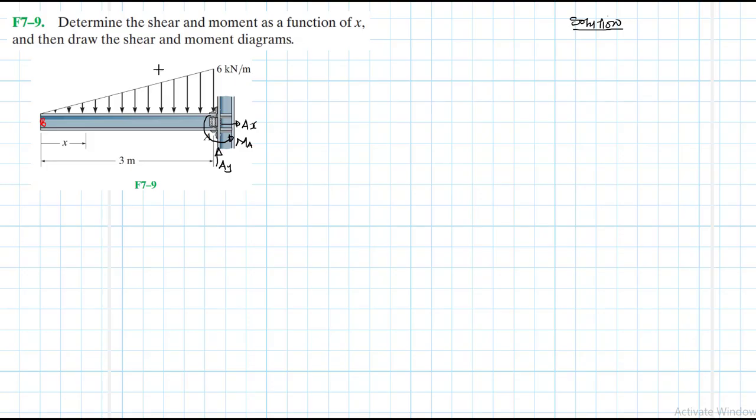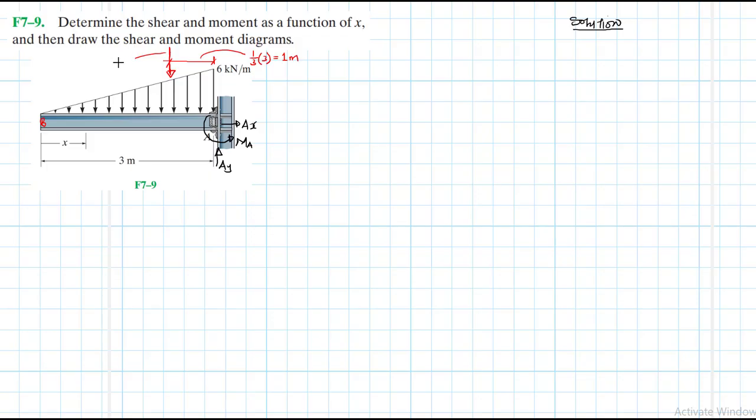Let's find the equivalent force from this triangular distributed load. So let's say we have the equivalent force, which is located at, remember centroids? So this one is located where? At 1/3 of the length 3, which is equal to 1 meter.